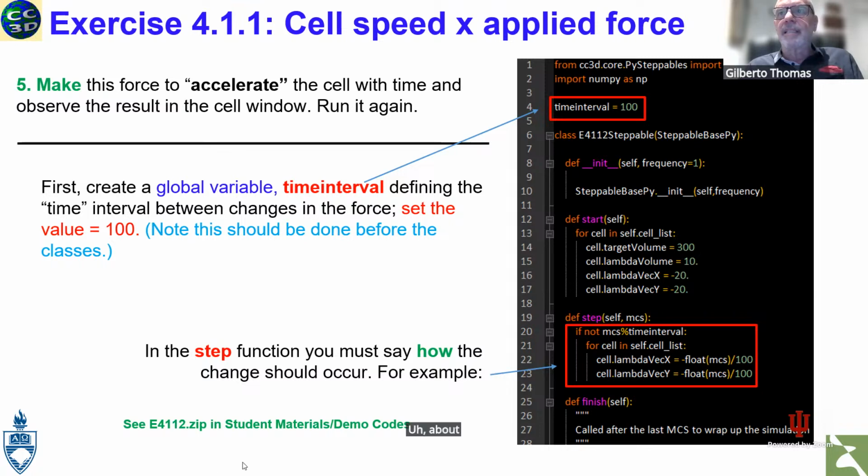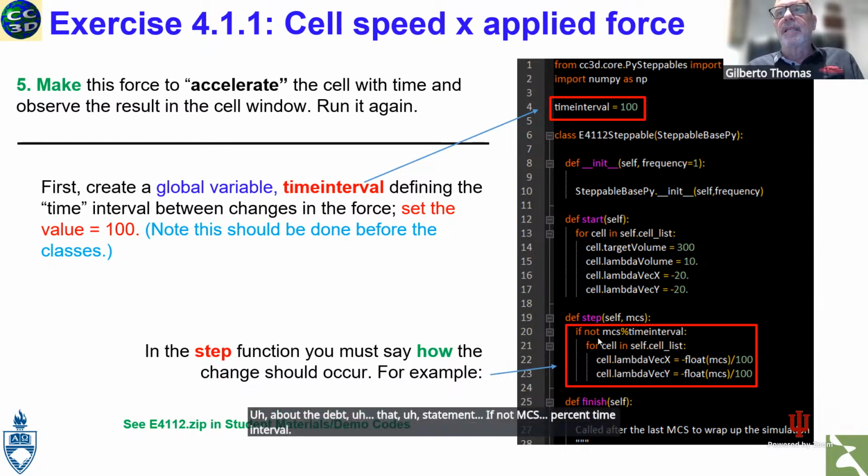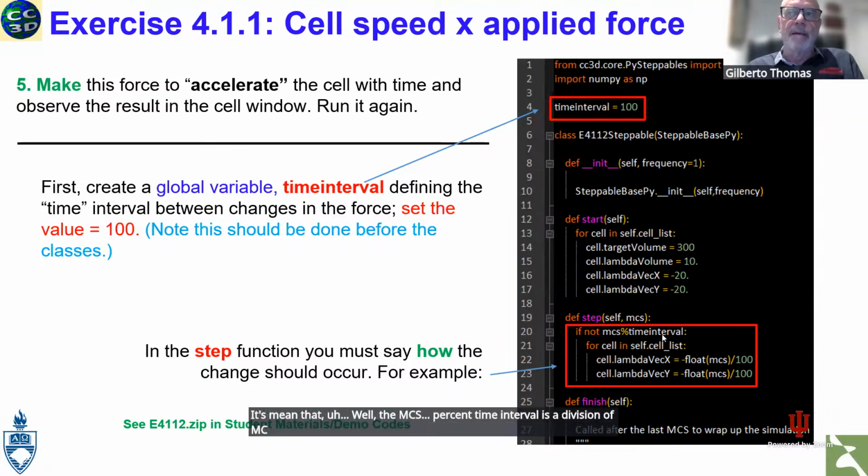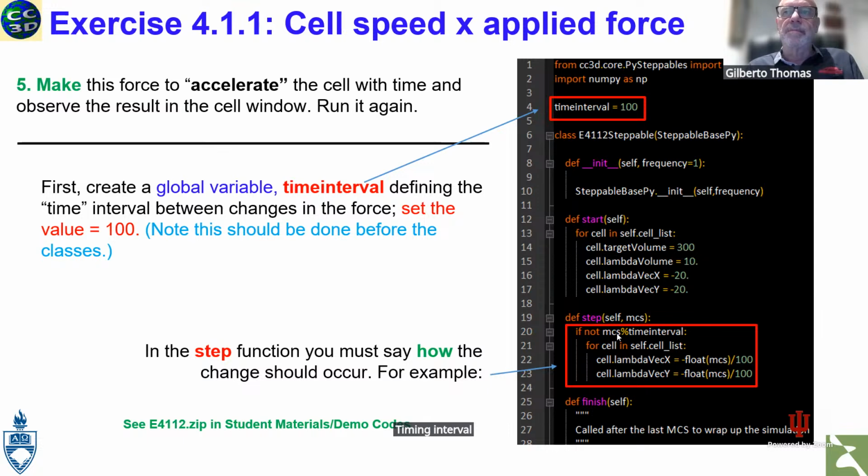About that statement, if not MCS percent time interval, it means that the MCS percent time interval is a division of MCS by time interval, and it grabs the decimal part of the division, the non-integer part of the division.